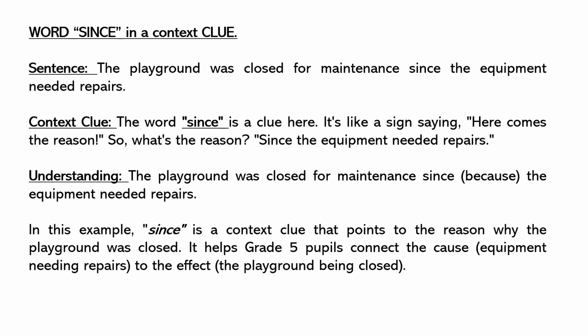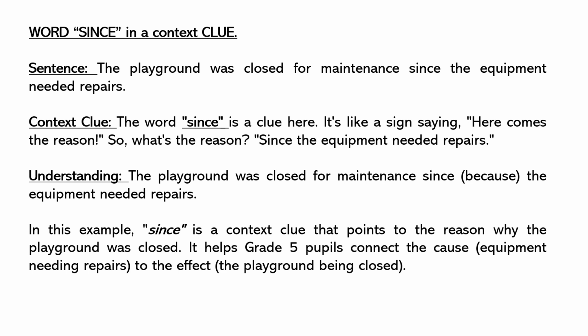The playground was closed for maintenance since, because the equipment needed repairs. Okay? That's why the playground was closed, because it needs maintenance. All right? Or the equipment needs a repair. Okay? So in this example, since is a context clue that points to the reason why the playground was closed.